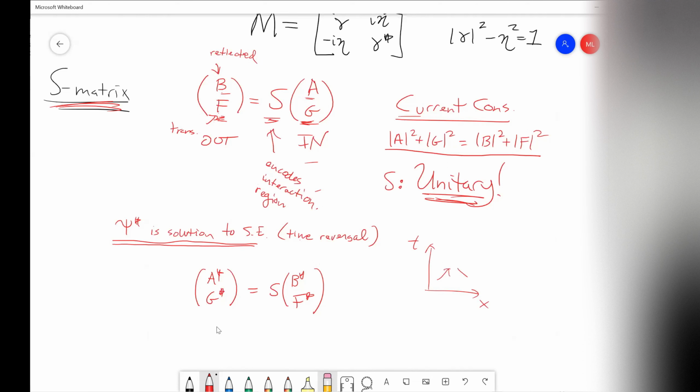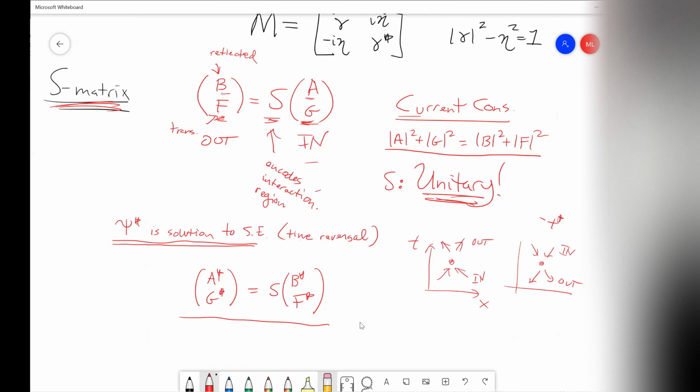You have things coming in, interacting, and then they go out. If you time reverse it, you run time backwards in your head, then the stuff that came out is now the stuff that's going in, and the stuff that came in is now stuff that's going out. It's in, out, time reversed, T star minus T. The out becomes the in stuff, like that. So it means that S has to satisfy this too.